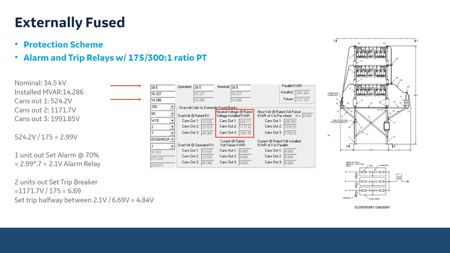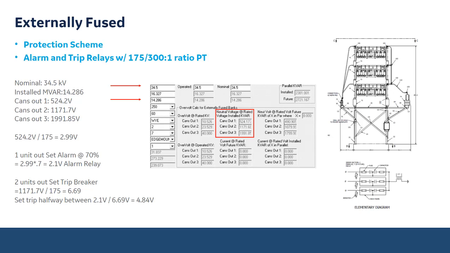So assuming you're using a 130 or 175 dual ratio to 300 PT, your nominal at 34.5, installed MVAR at 14. So with one can out, the neutral voltage at rated will be 524 volts.